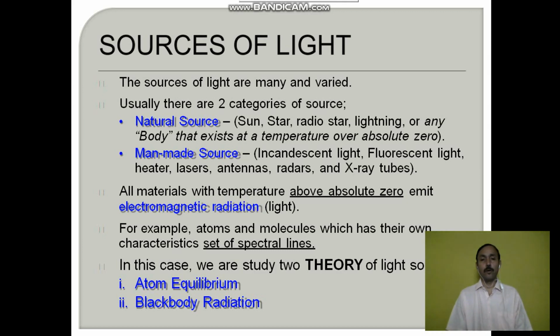For example, atoms and molecules have their own characteristic set of spectral lines. In this case, we are studying two theories of light: one is atomic equilibrium, another one is black body radiation.